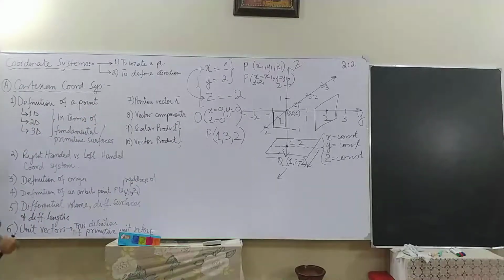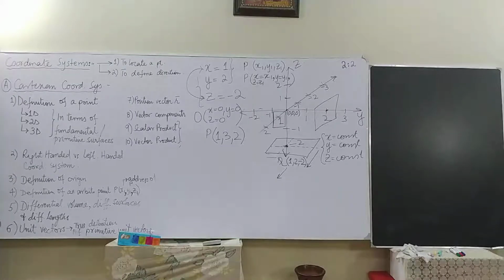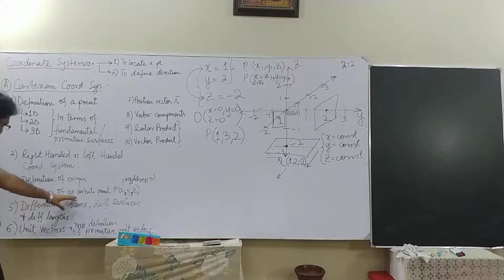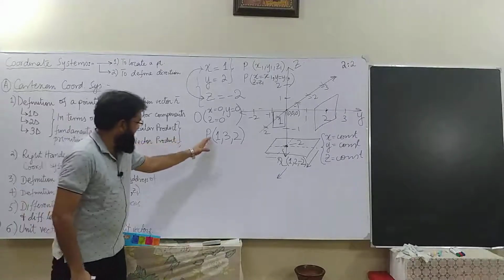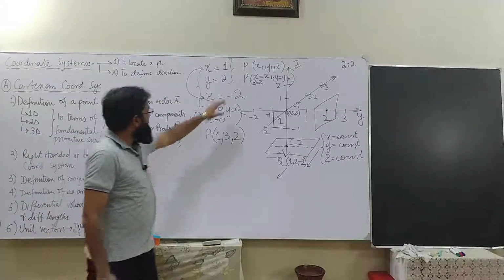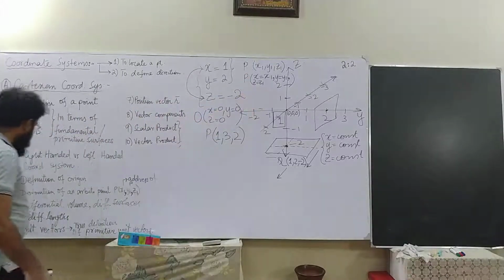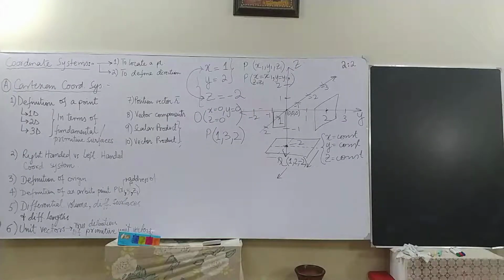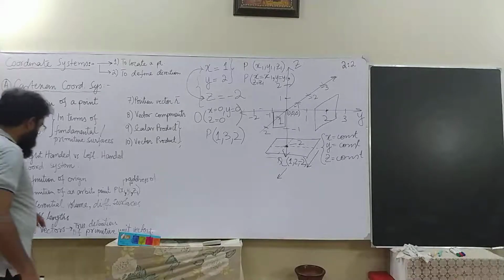So now we have discussed the definition of a point and the definition of the origin. We had already discussed the right-handed and left-handed coordinate systems, and now we have defined the position of an arbitrary point, by this example 1, 3, 2, or x1, y1, z1, the address of P. Now we'll move towards the definition of differential volumes, differential surfaces, and differential elements, differential lengths.